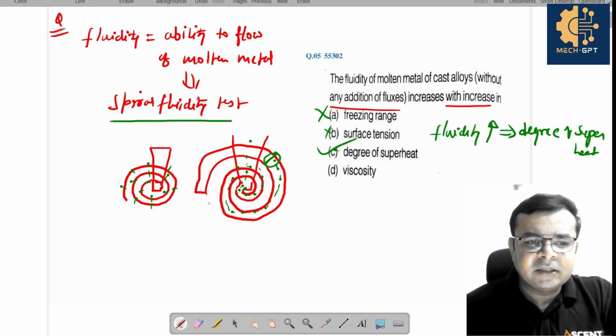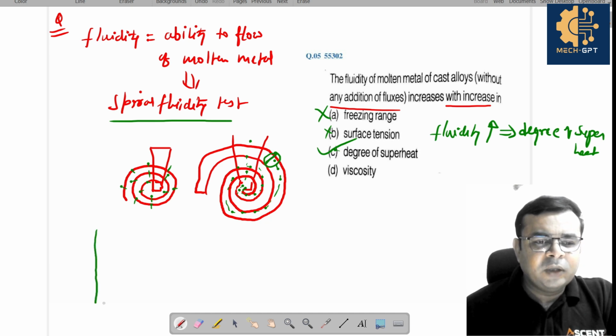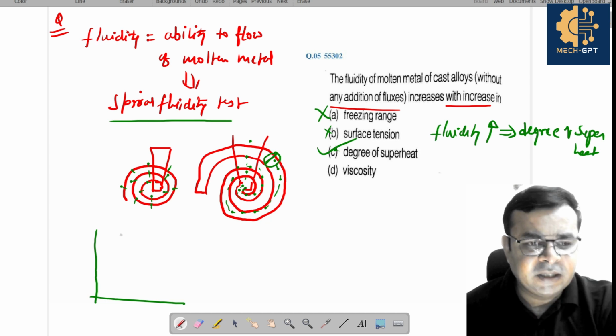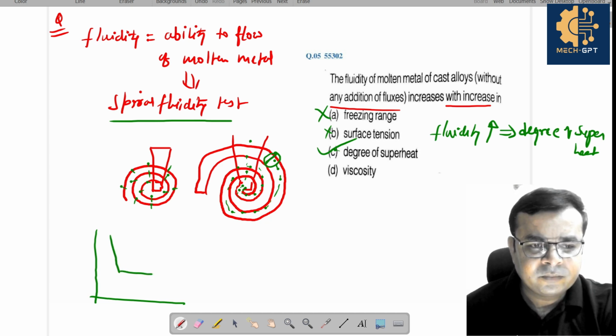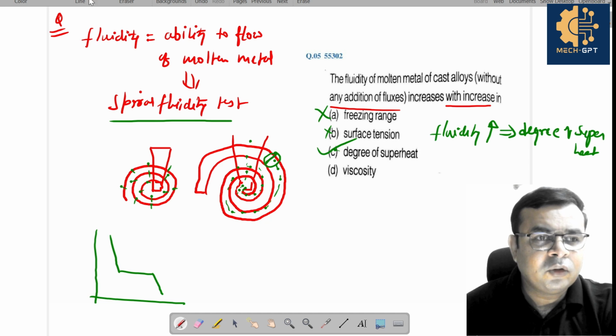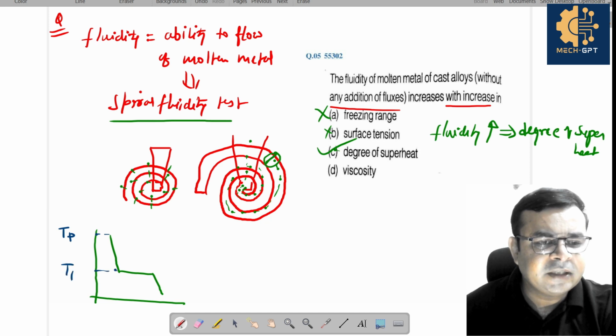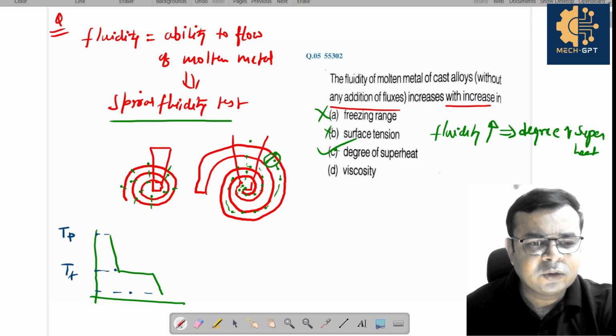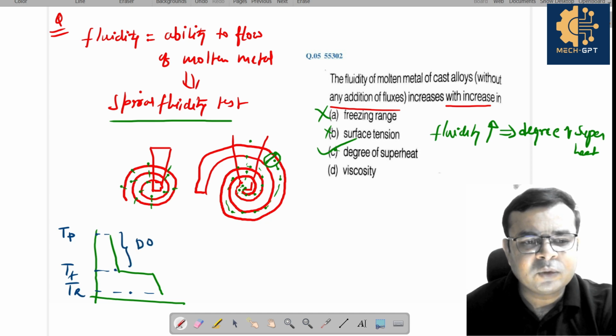Degree of superheat means, let us suppose if I draw a cooling curve for the molten metal, then obviously we get this kind of figure. Yes or no? So you can see here, this is the pouring temperature, and this is the freezing temperature, and this is room temperature. So this is called the degree of superheat.